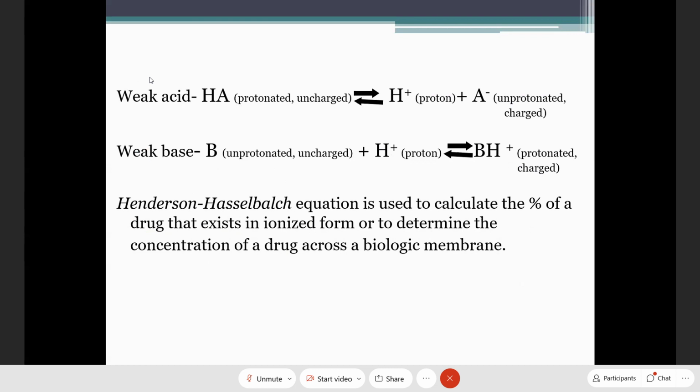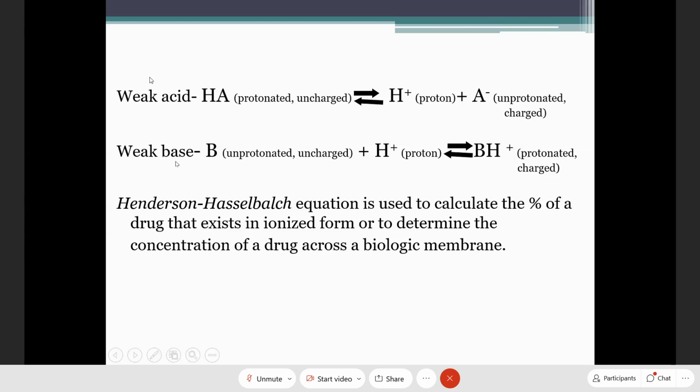So this is just to show you that, as I mentioned earlier, drugs are either weak acids or weak bases. A weak acid forms HA, the uncharged form, and it can be in the charged, unprotonated form.